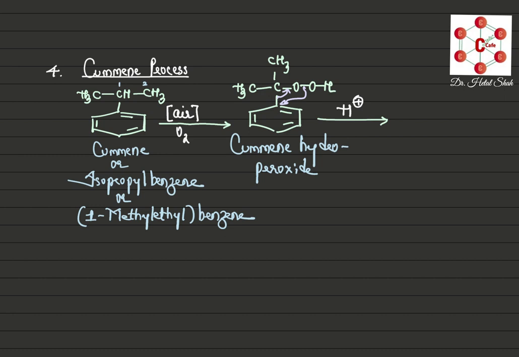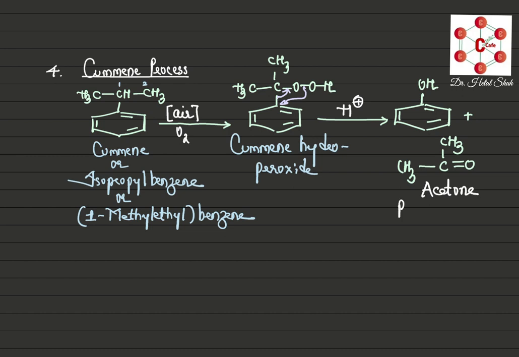So you find that your benzene ring gets OH, and this part here becomes CH3, C double bond O, and CH3. This is a byproduct which is acetone.